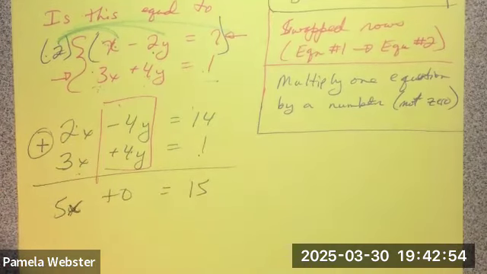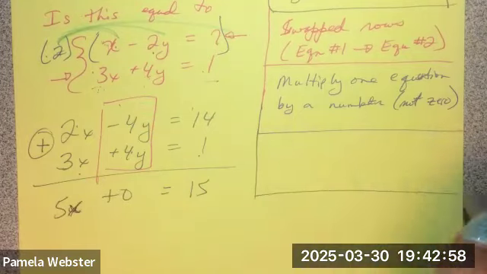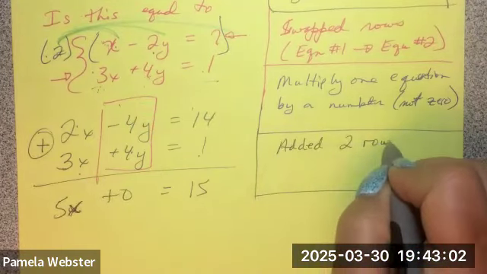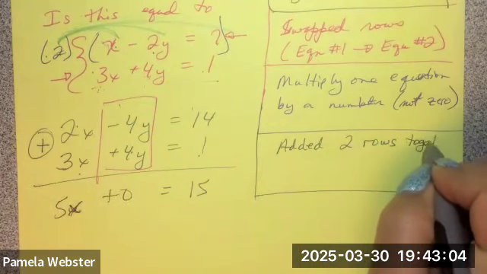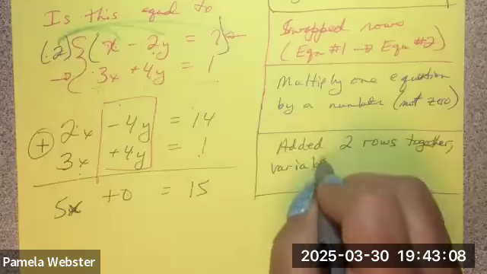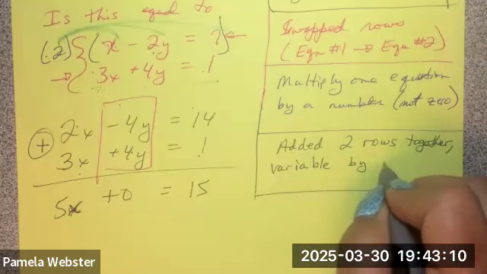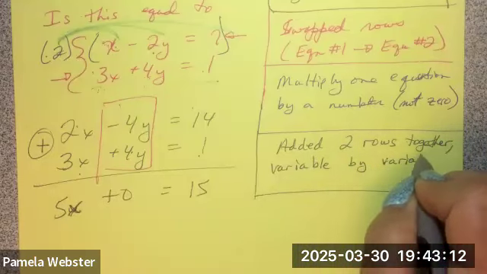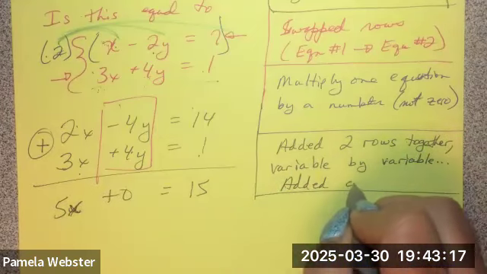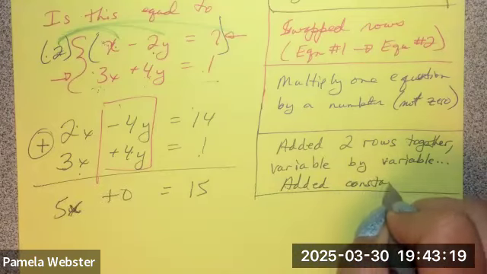All right, what did I just do? I added 2 rows together, variable by variable, and I added the constants by themselves.